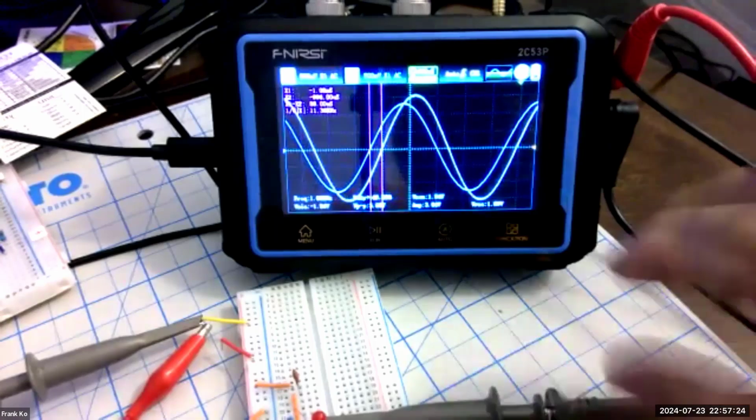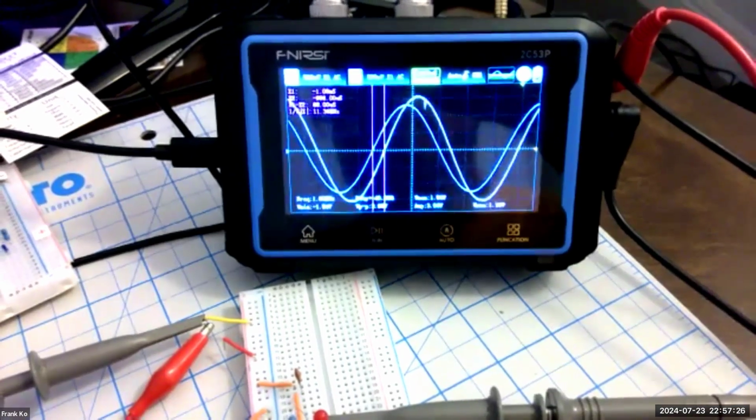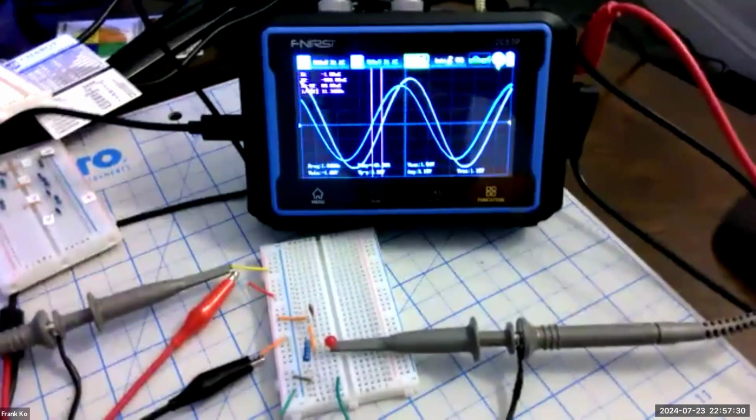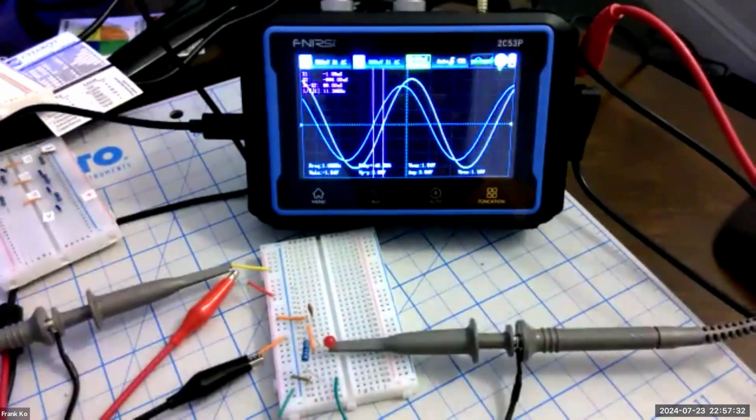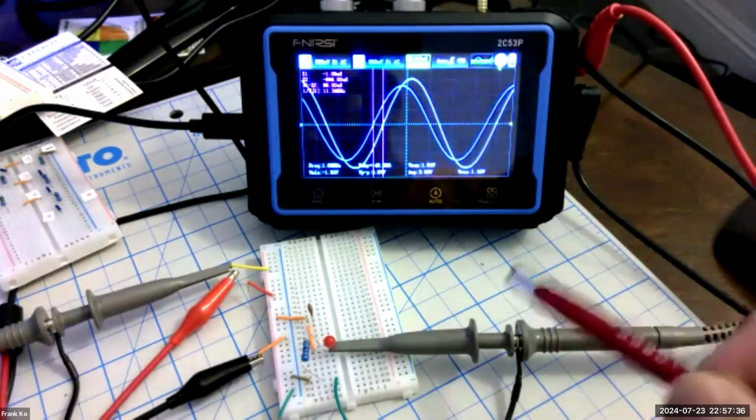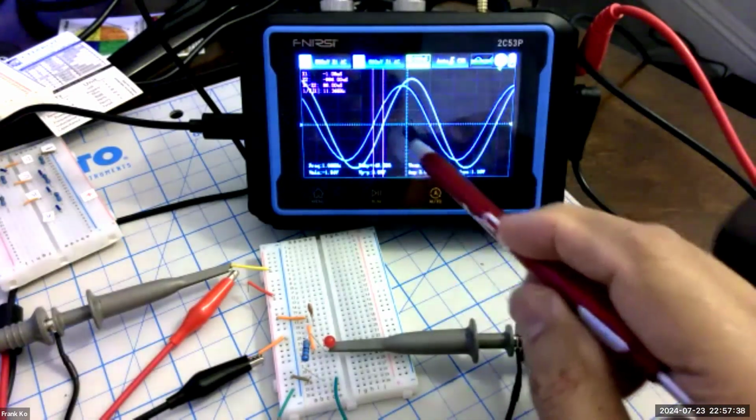Let me back this up just a tad right here. So you can hook up to your circuitry as we have designed and as we've done, and be able to see in phase, see out of phase, as well as phase inverted.